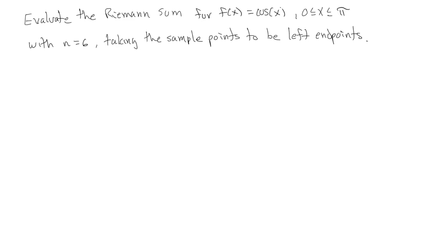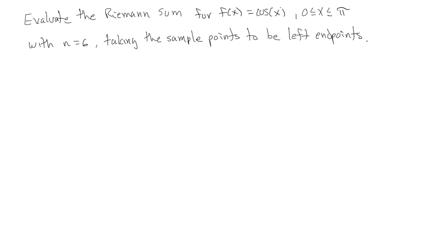And I loosely use the term area because we could have negative area now that we've discussed more general functions f of x, right? So in this case, the n equals 6 subdivisions is representing how many rectangles we would be using. So I'm such a visual learner.